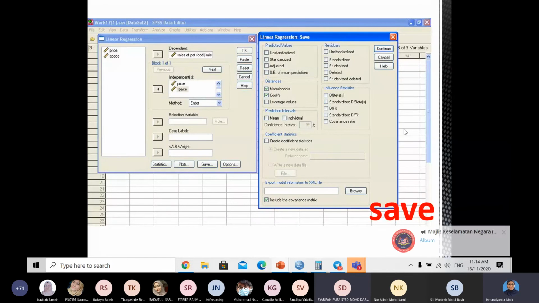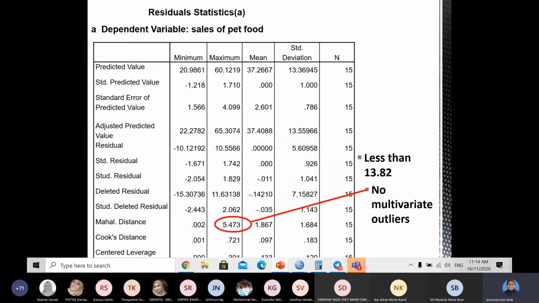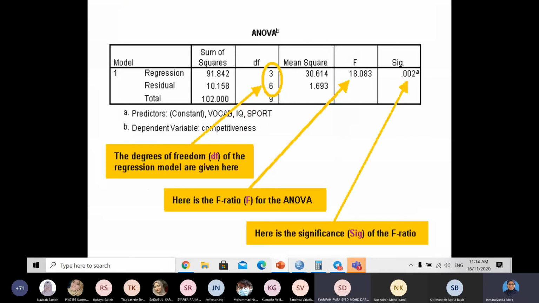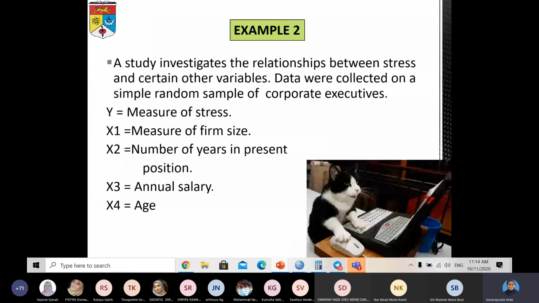So the reason why we must check the Mahalanobis and Cook's is to see the cut-off, 13 or something just now. Yes, 13.8. It is a rule of thumb as well. There is a cut-off point for the Mahalanobis. I've shown you this before.